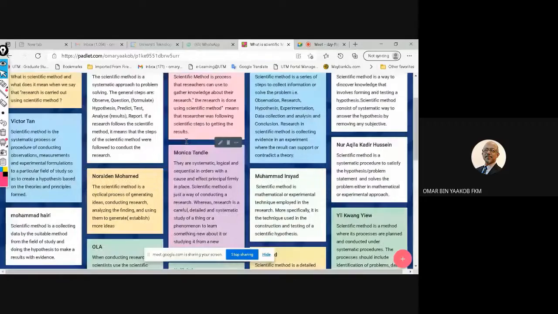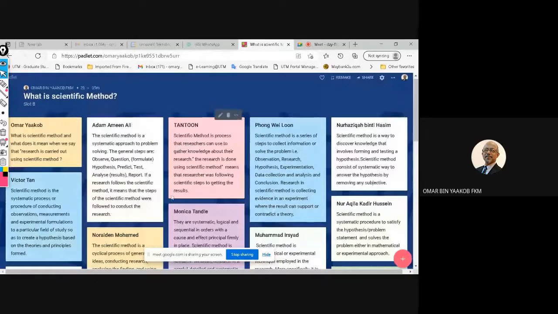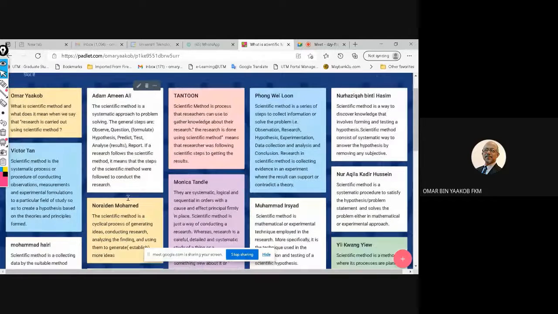I'll just pick up very quickly because you are supposed to have read what your friends put here. I'm not going to read everything, but I'll pick up from Adam Ali, for example. Adam says scientific method is a systematic approach to problem solving.